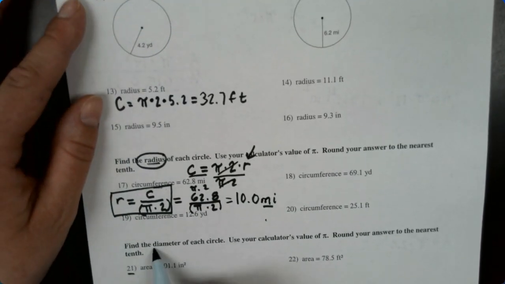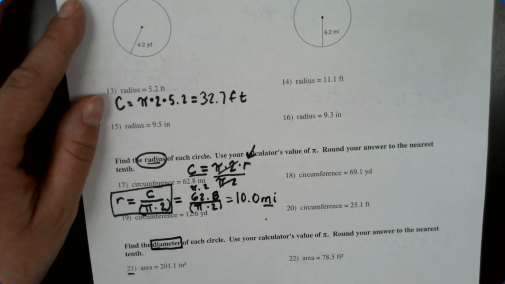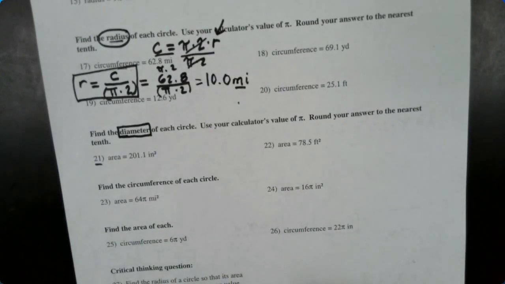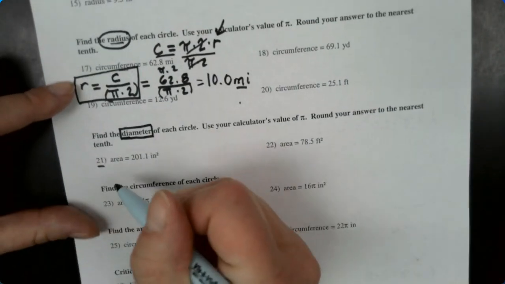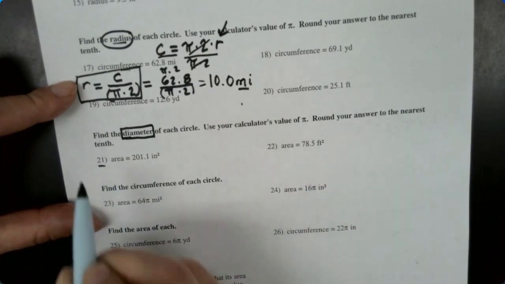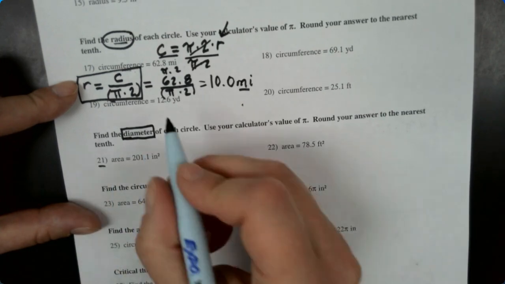So this one says find the diameter. So this one's kind of interesting. We're looking for the diameter on these ones, 21 and 22. So I'm going to do this one with you and you're going to follow this pattern and do number 22. Okay? So this one has the area. We're looking for the diameter.